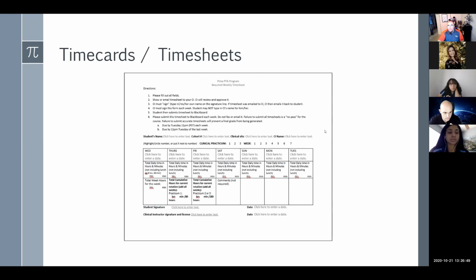What I would suggest is when you start your clinic for the first time, you create a sheet where you circle whichever week it is, put your name here, what cohort you are, the clinical site, and your CI's name. Then you've got that set up, and you just print one of these off every week, do your due diligence, fill it out, and send it in to Dr. Vreskin.